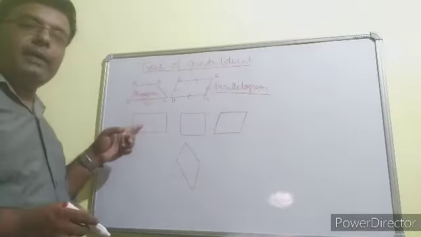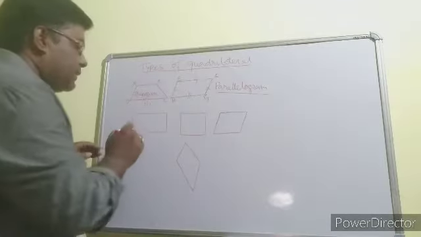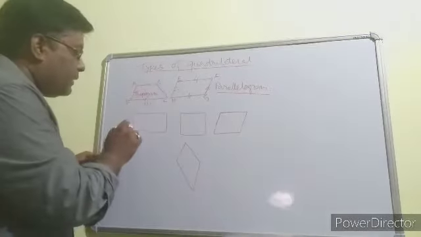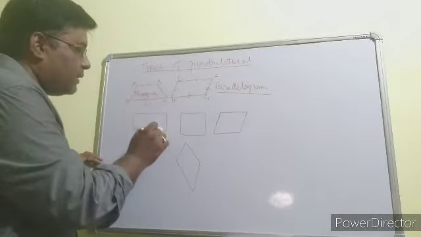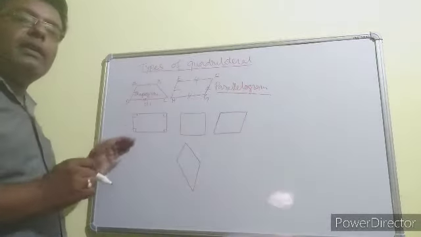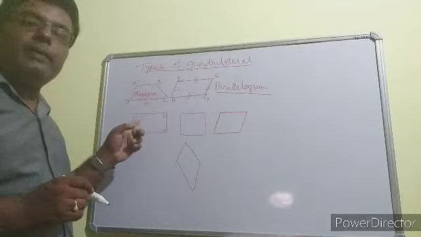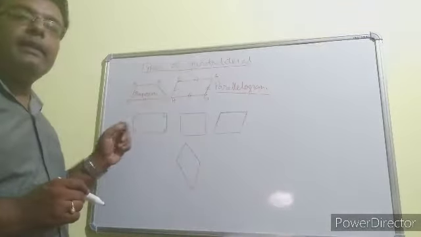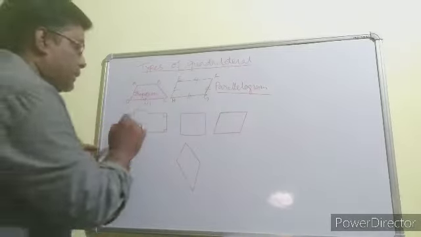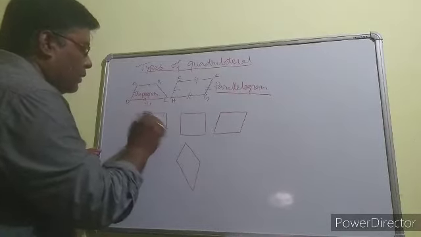Now, in this figure, opposite sides are parallel, but there is an extra condition that each angle is 90 degree. So, if the angles of a parallelogram become 90 degree, then this type of parallelogram or this type of quadrilateral is called rectangle.